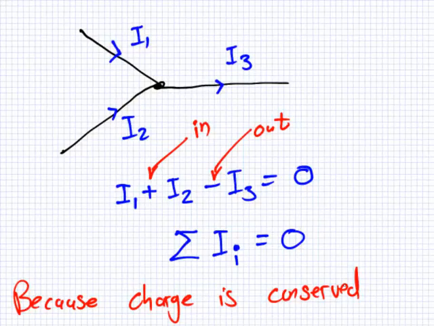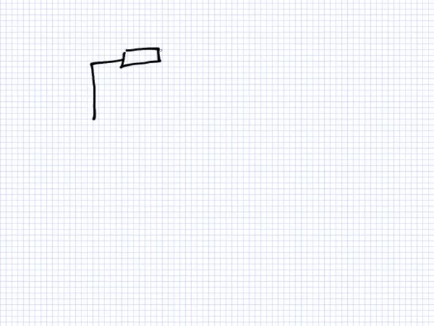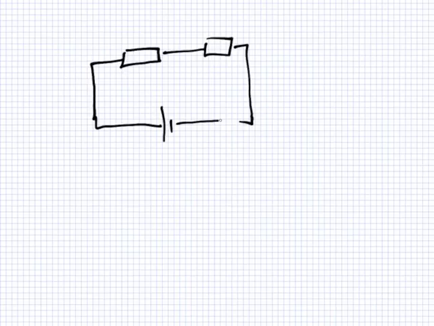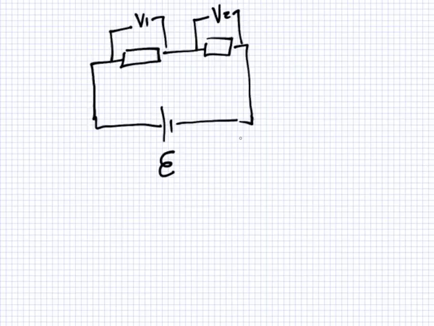Okay, so let me explain what this means. Do you remember, for example, here is a resistor, here is a resistor, and then here is a cell. This one is E, this one's voltage is V1, and this one's voltage is V2. What do you know about V1, V2, and E? V1 plus V2 equals E. So this is what Kirchhoff says, V1 plus V2 equals E. But he doesn't write it like this.